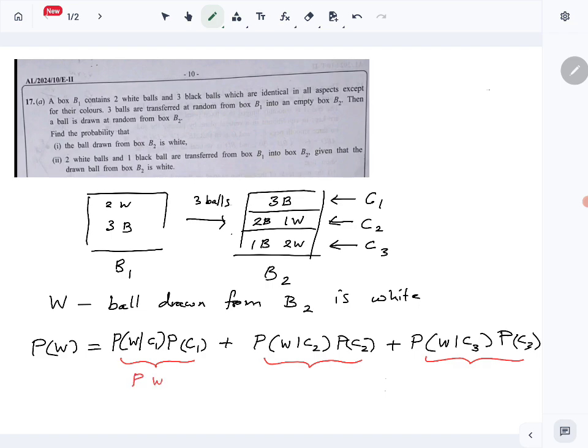This is just the intersection of this one, this is just the intersection of this, and this is just the intersection of this one, right? Okay, now let's see how to find these probabilities. We need probability of C1, probability of C2, and probability of C3, right? So let's figure out probability of C1 first.